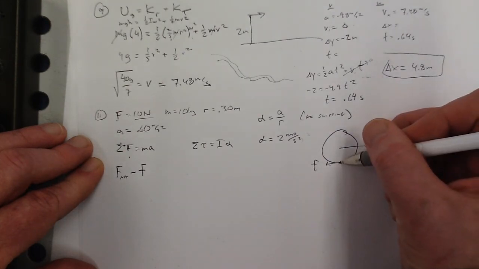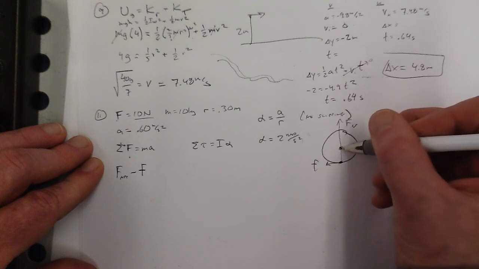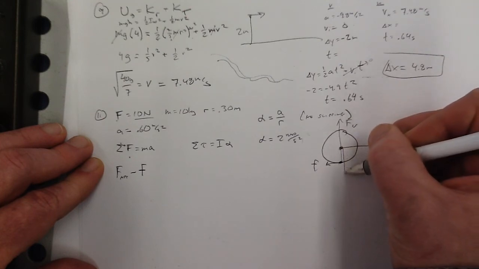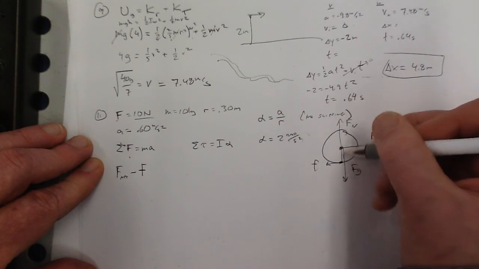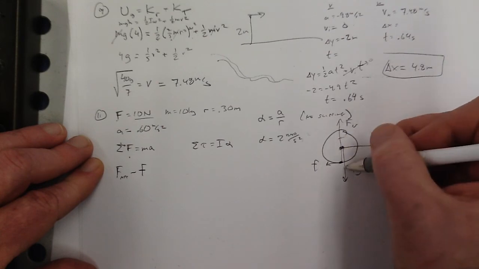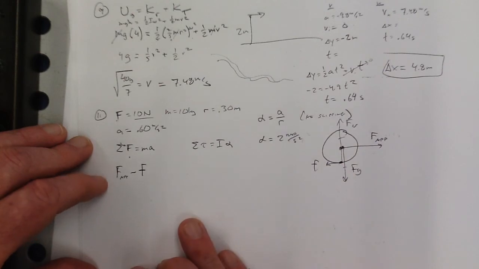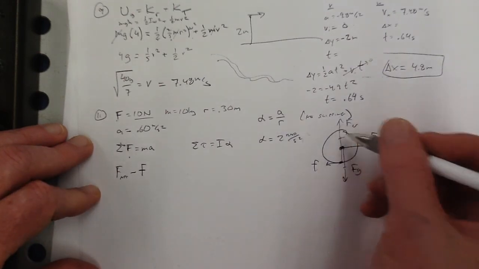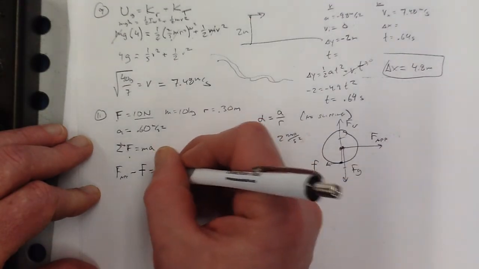And then we have the normal force and the gravitational force. I just scooted that over a little bit because I don't like them to be overlapping, to see the two forces coming from where they are applied. So those cancel each other out. So the net force is applied force minus friction.